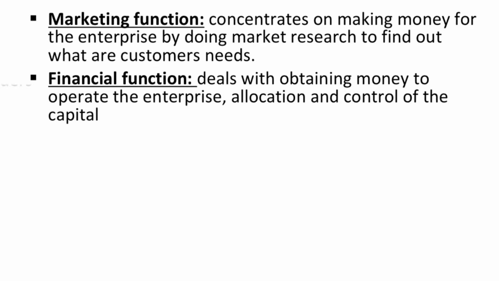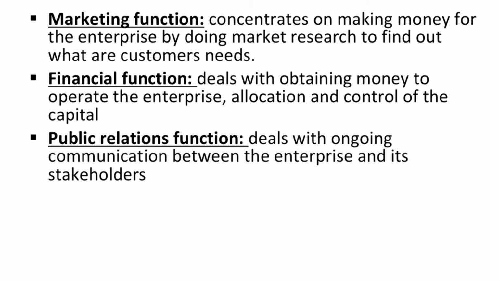Another function that we have is the public relations function. This one deals with ongoing communication between the enterprise and its stakeholders. How do they communicate? If there is anything that they need to inform the community, it is the duty of public relations to do that.